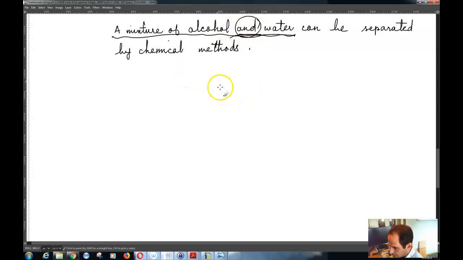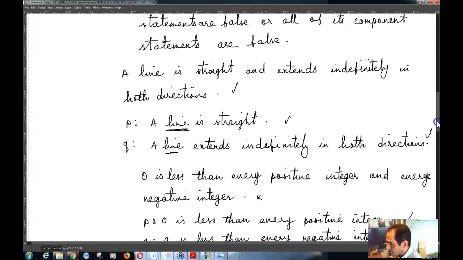Based on the context and the sentence, you understand whether and has been used as a connective or as just a part of a phrase in a sentence. So and in this sentence is not a connective, and it doesn't make this sentence a compound statement. So that's all about and.